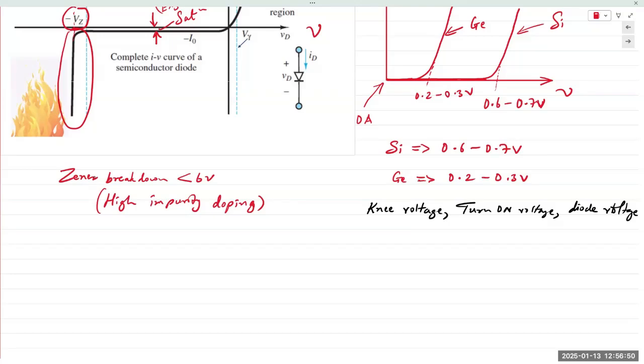Okay. And so we have avalanche breakdown that occurs in reverse bias. This is typically larger than 6 volts, with low or standard impurity doping.